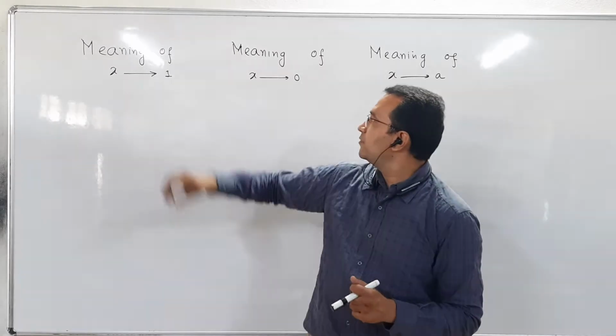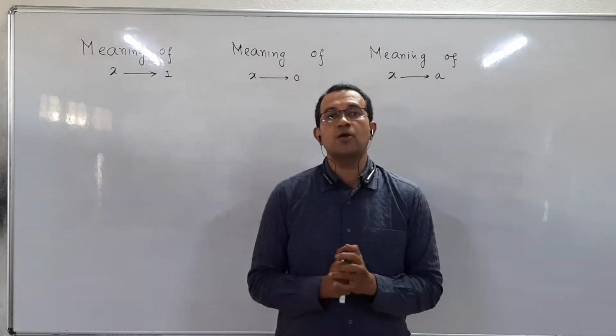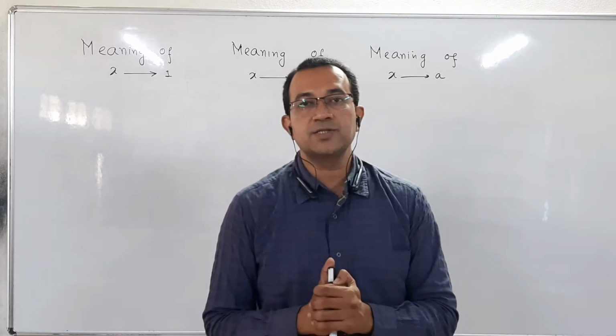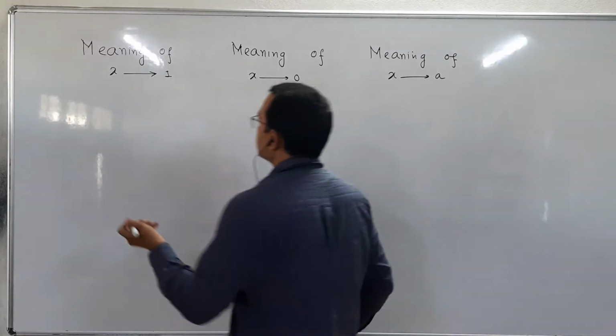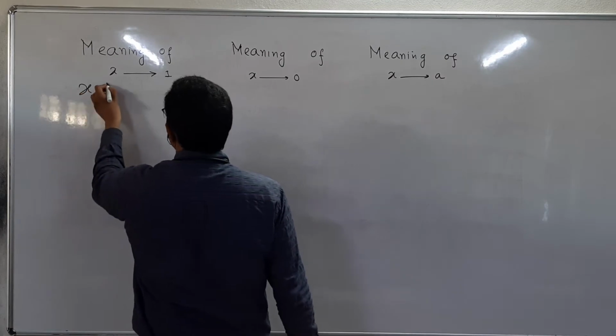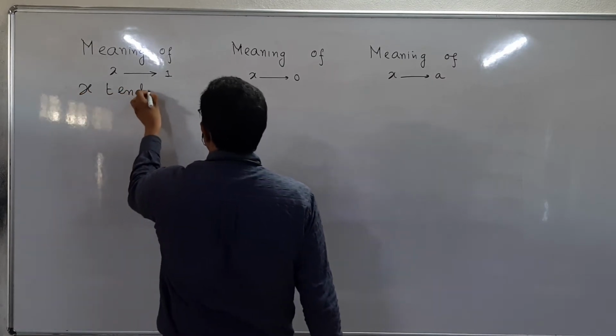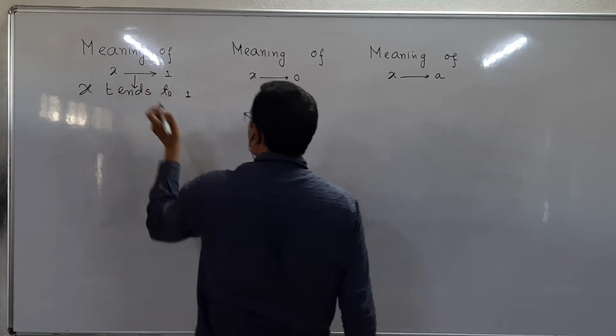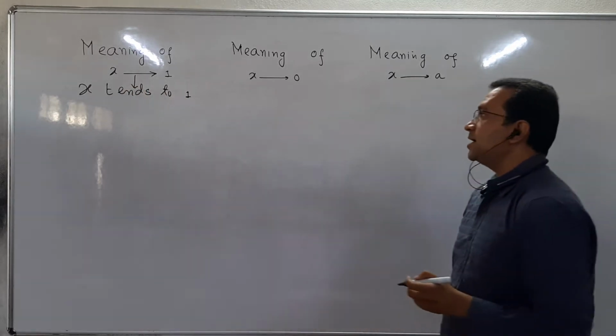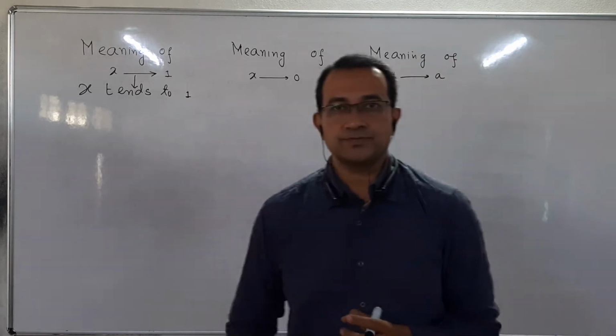Now, today we are going to discuss the meaning of x tends to 1. This is read as x tends to 1. This arrow indicates tends to 1.